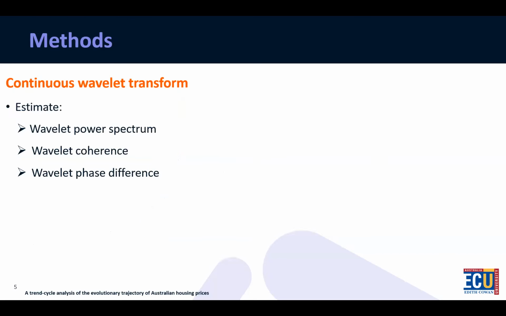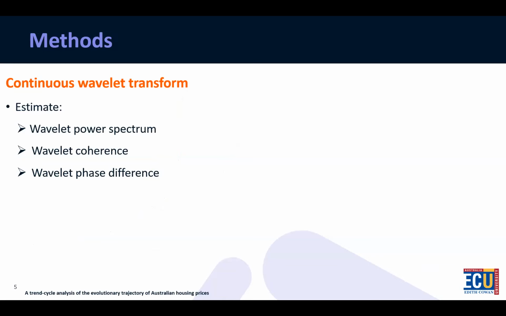Here I've not provided the mathematics behind the method that I'm using, because of the purpose of this conference, but I'll just briefly talk about it. The continuous wavelet transform technique will transform a time series, for example here the housing prices, from the time dimension into both the time and frequency domain.